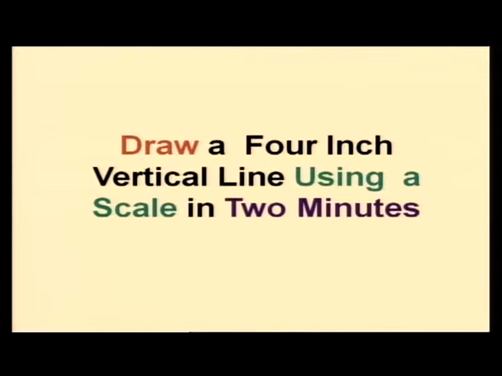A learning objective is: draw a 4-inch vertical line using a scale in 2 minutes. Now, what is draw? It is a behavior. I am able to see the learner drawing. So, that is an overt behavior.